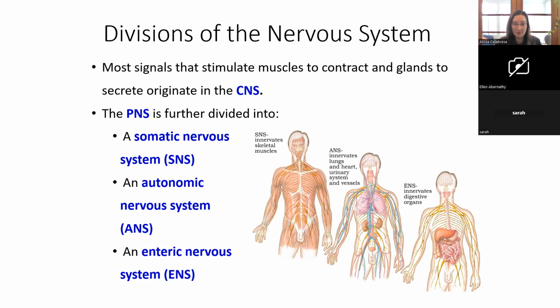The autonomic nervous system, when you hear autonomic, think automatic. So this is happening kind of at an automatic subconscious level. You don't have voluntary control over your autonomic nervous system. This is what's controlling things like your breathing and your heart rate and your digestion. You don't have direct control over that.